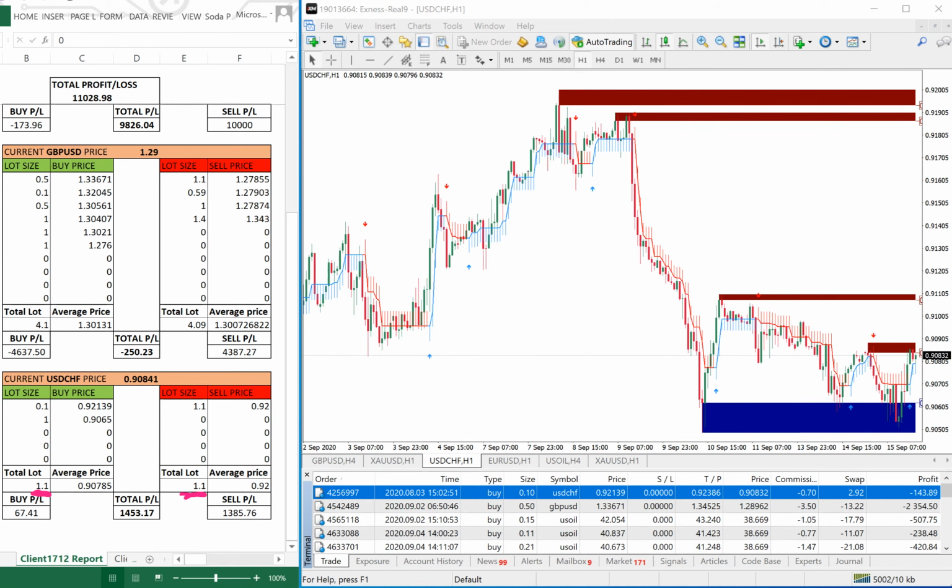So it is already perfectly hedged with the same pair, and the loss of minus $140 is covered with the 1,400 profit. Here we want to say that we are not adding any position, we are not reducing his loss, and we can see that his $11,000 loss is now converted into an $11,000 profit.